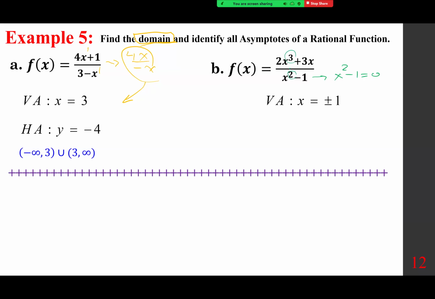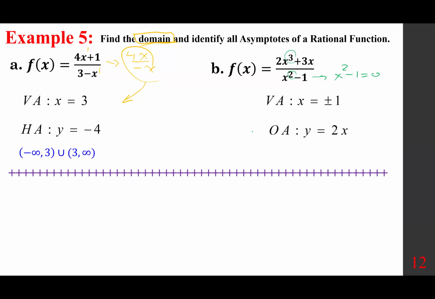You have to divide, and I'm going to leave it for you to do that. And that gives rise to an oblique asymptote of 2x. You divide the top by the bottom. The quotient becomes 2x, and y equals 2x is the answer.